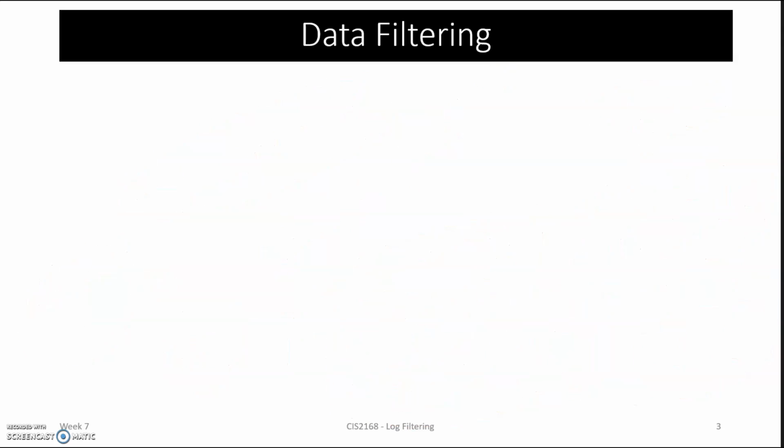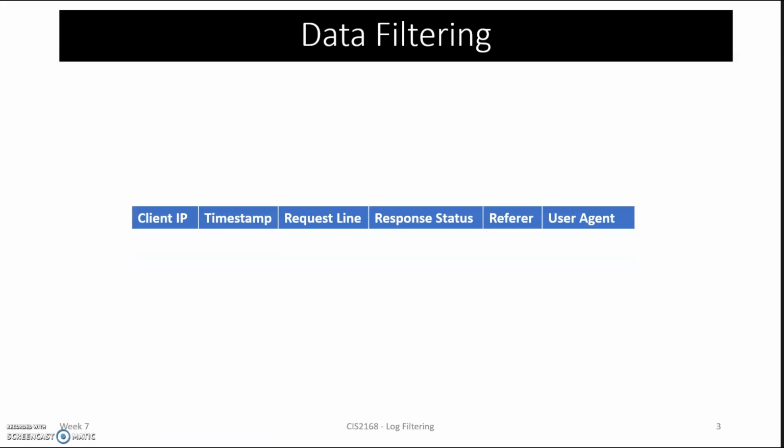By applying data filtering methods, you can pick the relevant field to process. For example, I have shown one file here, so you can consider it as a log file or a CSV file which has several fields: field 1, field 2, 3, 4, 5, 6.